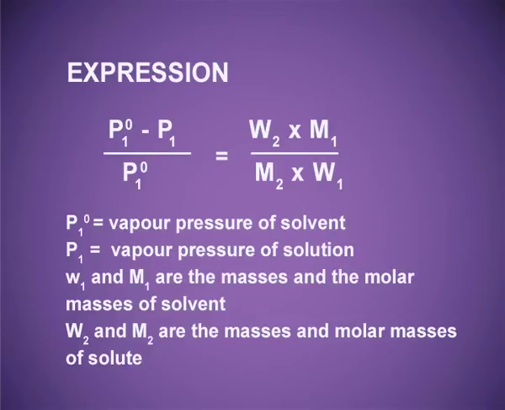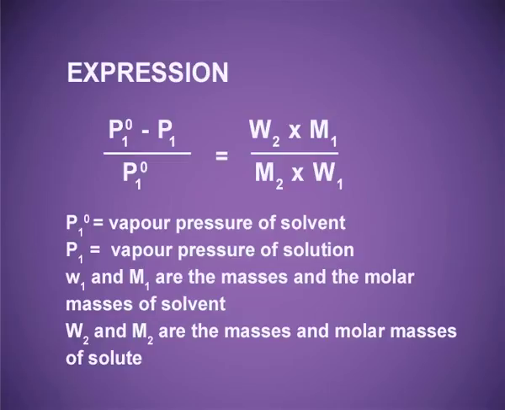Mathematically, (P1° minus P1) upon P1° is equal to W2 into M1 divided by M2 into W1. Here P1° is the vapor pressure of the pure component 1. Here 1 is the solvent.